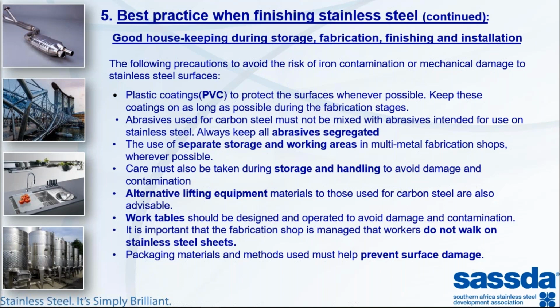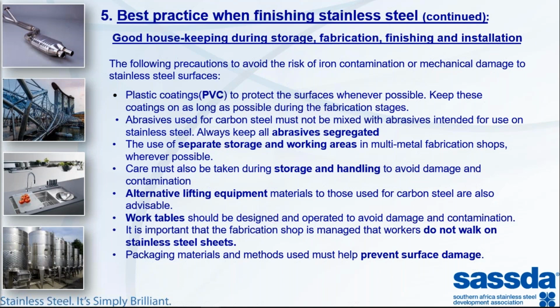When we use lifting equipment, you might use a dog clamp on mild steel equipment. You can't use it on stainless steel equipment. You usually have to protect and put some sort of non-metallic material, cardboard or something, in between when lifting stainless steel with mild steel equipment.